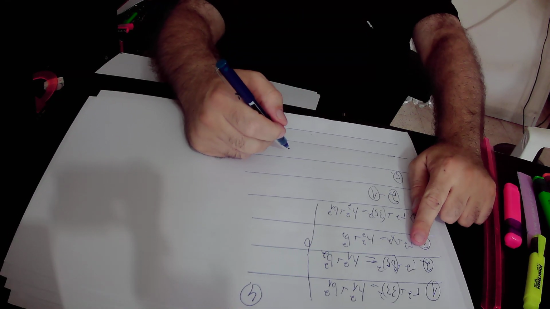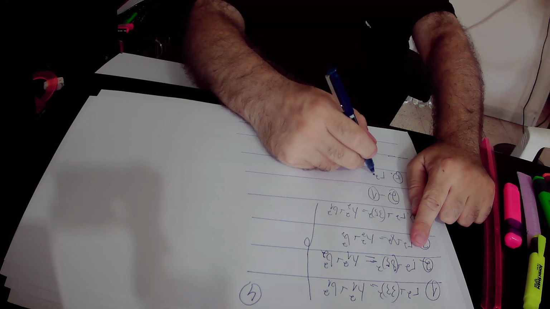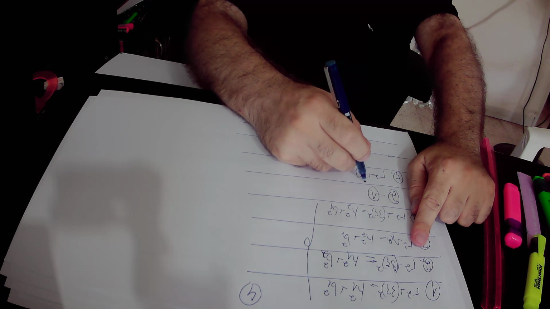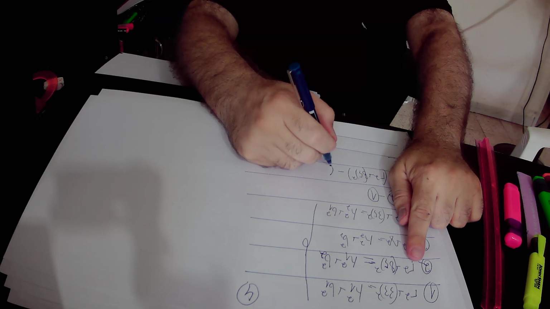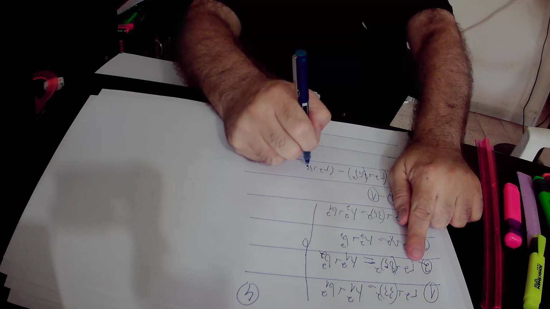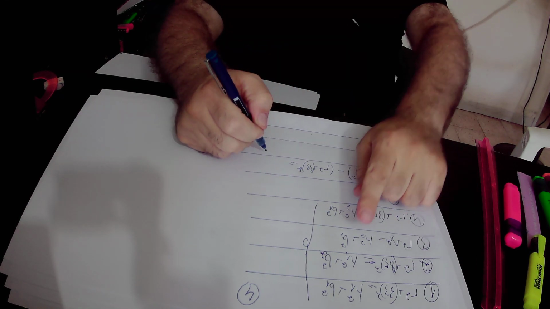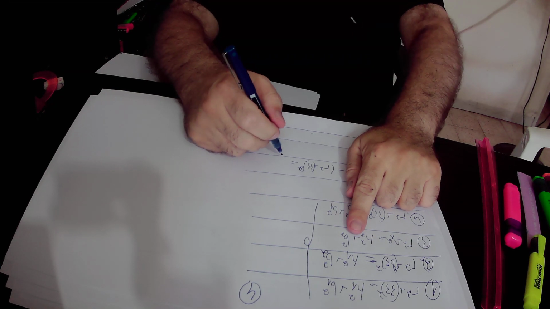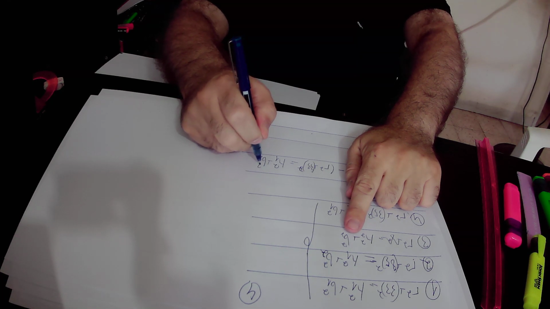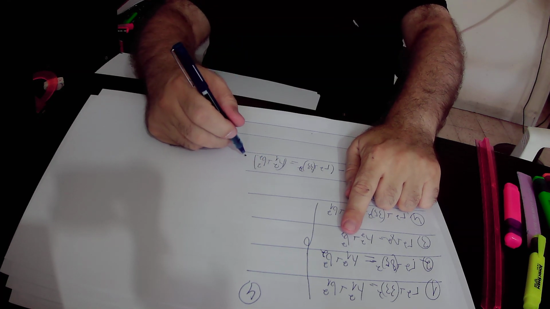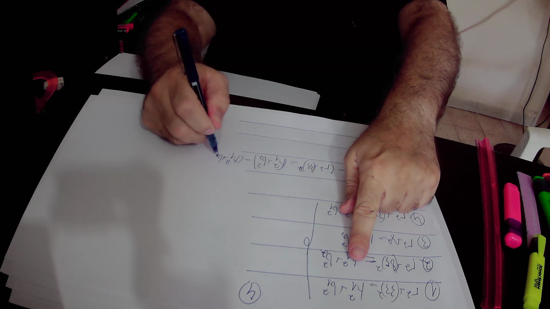So, according to equation number 2, we have here R square plus 85 square, minus equation number 1, R square plus 33 square, and it is equal to equation number 2 minus equation number 1: H1 square plus B2 square, minus H1 square plus B1 square.